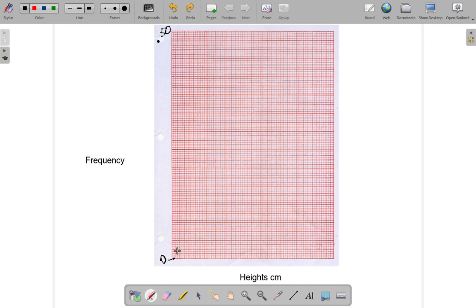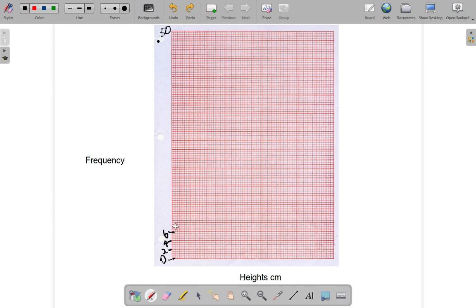What we will be doing is using 1 centimeter as 2 units. Because if we do that, we'd say 2, 4, 6, you get the idea.